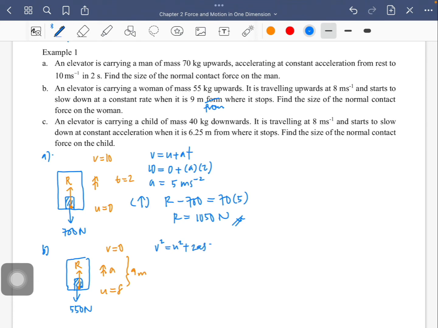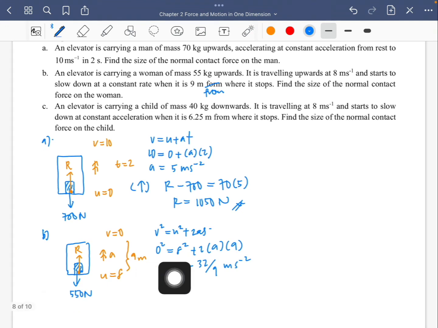Final velocity is 0, initial velocity is 8, squared, plus 2 times acceleration multiplied by the distance traveled from 8 meter per second to 0 meter per second. It takes 9 meter, so displacement here is 9. So we're going to get the acceleration as negative 32 over 9 meter per second squared.